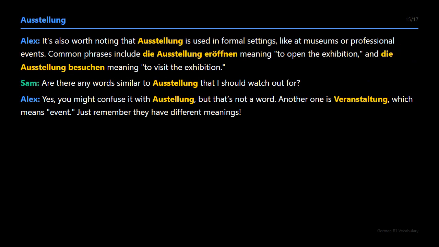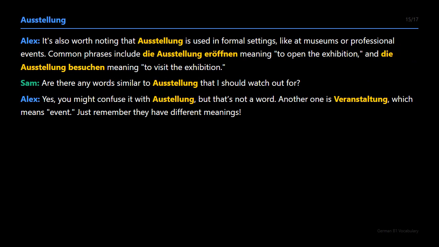Common phrases include die Ausstellung eröffnen, meaning to open the exhibition, and die Ausstellung besuchen, meaning to visit the exhibition.